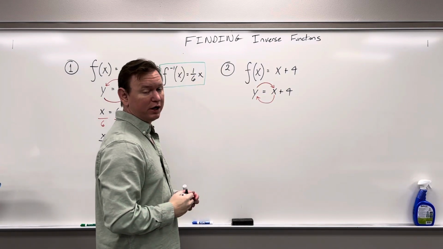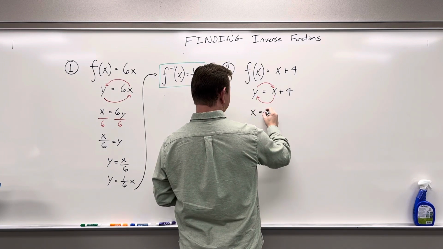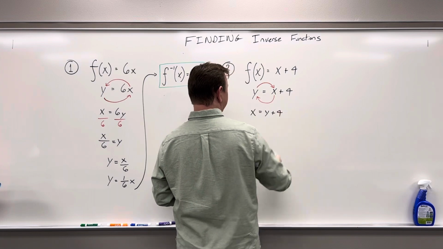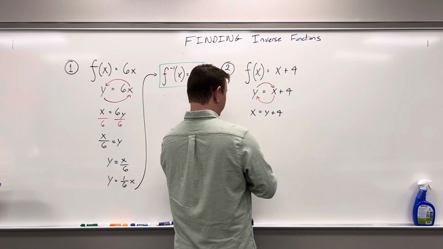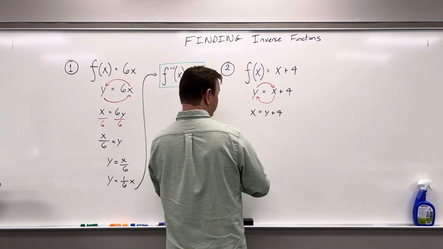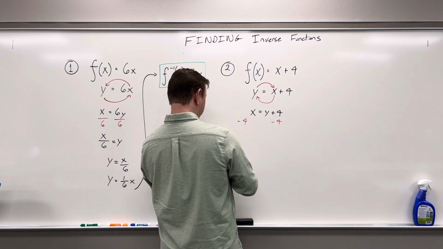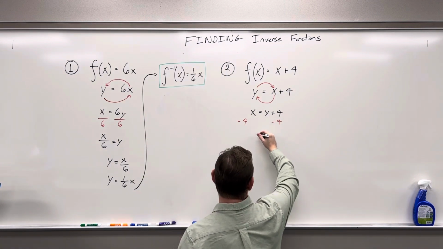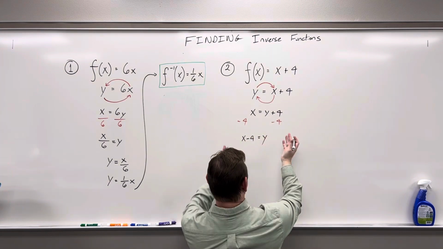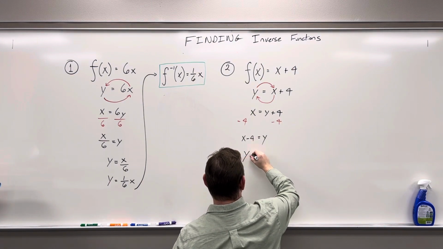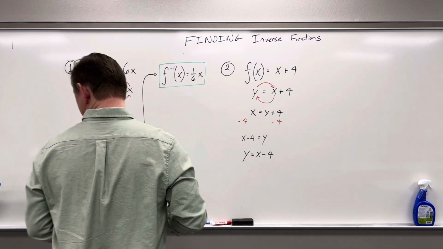We're going to trade places, and now we have x is equal to y plus 4, and now you want to solve for y, so I'm going to move my 4 over, right? Giving us x minus 4 equals y. I'm just going to kind of flip it because we're used to seeing that look right there.